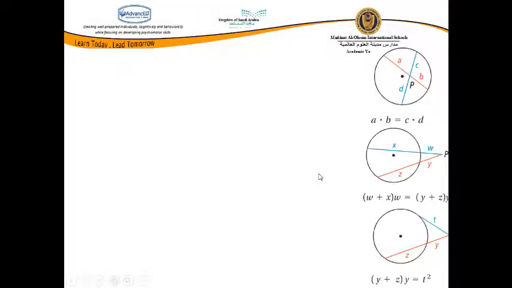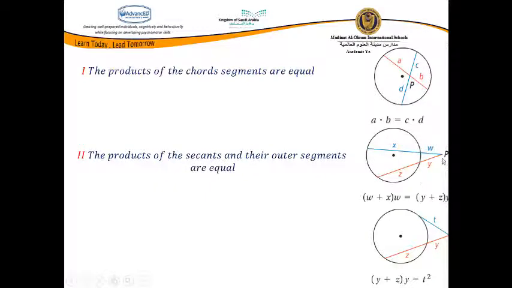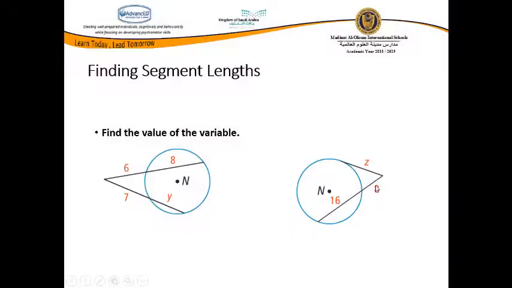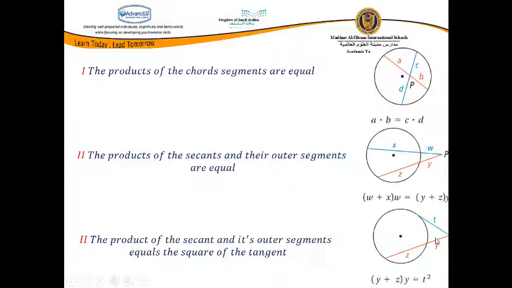That means in the first case, if two chords intersect inside the circle, the products of the chord segments are equal: A times B equals C times D. In the second case, the products of the secants and their outer segments are equal: W times the whole secant W plus X equals Y times the whole secant Y plus Z. In the third case, where the intersection is also outside the circle, the product of the outer segment Y times the whole secant Y plus Z equals the square of the tangent.